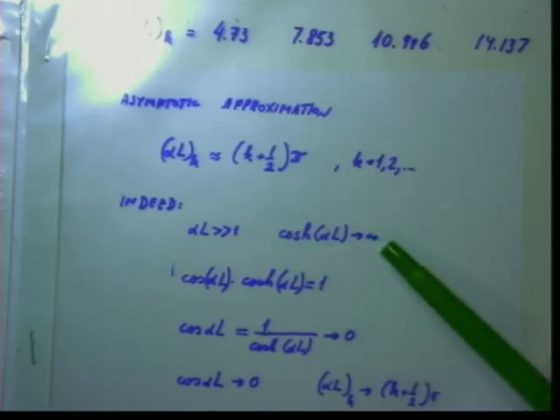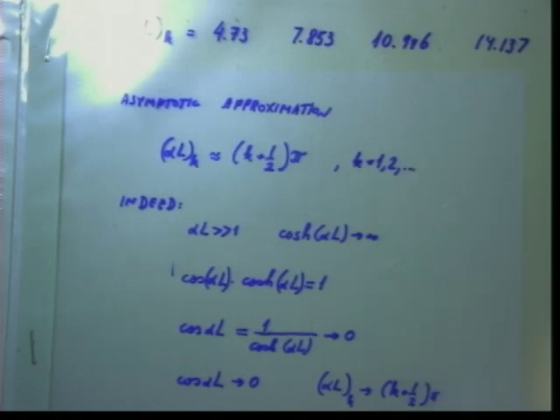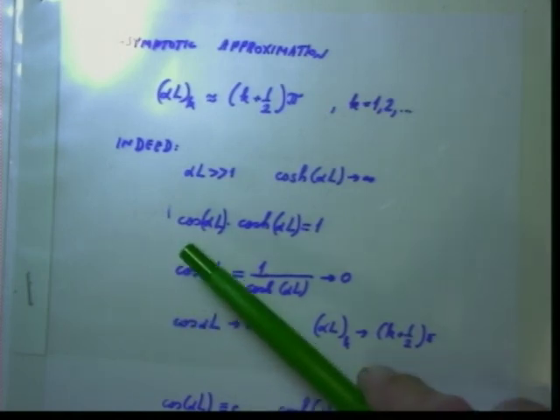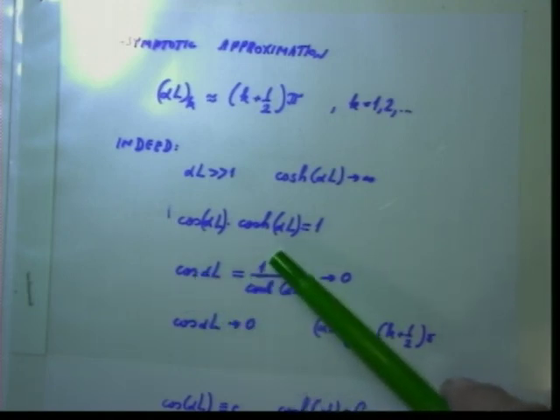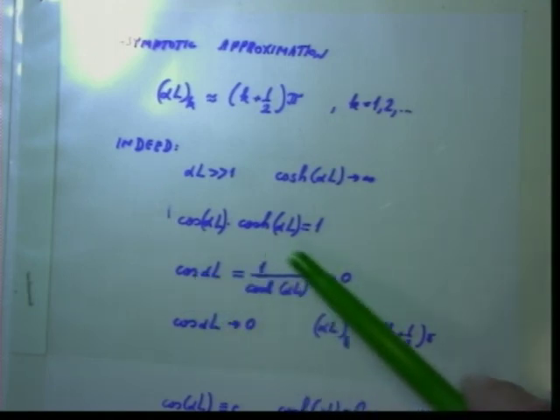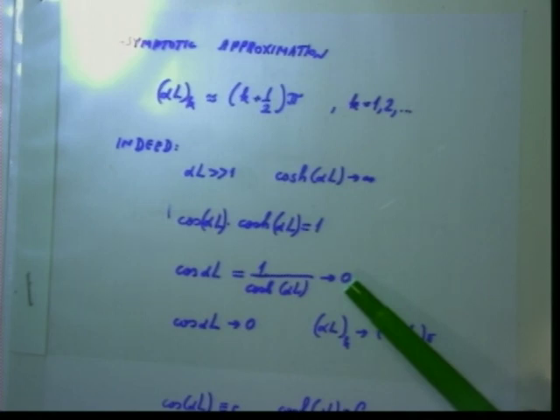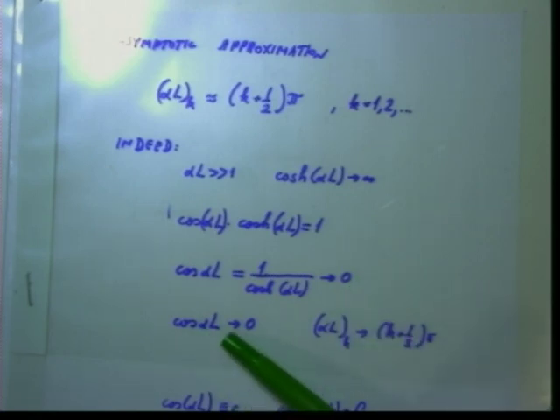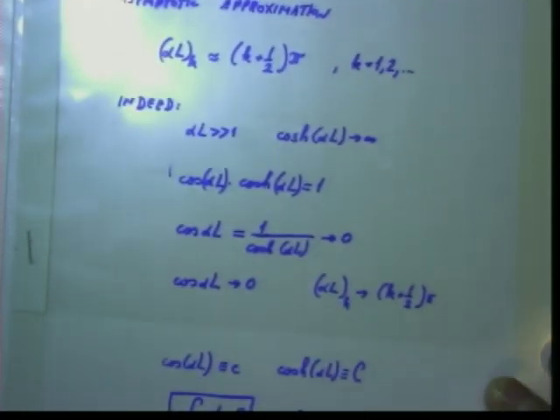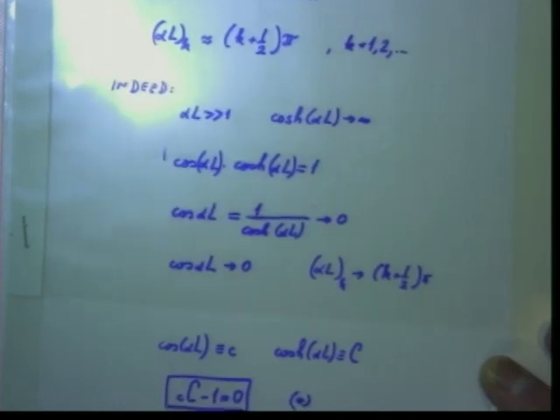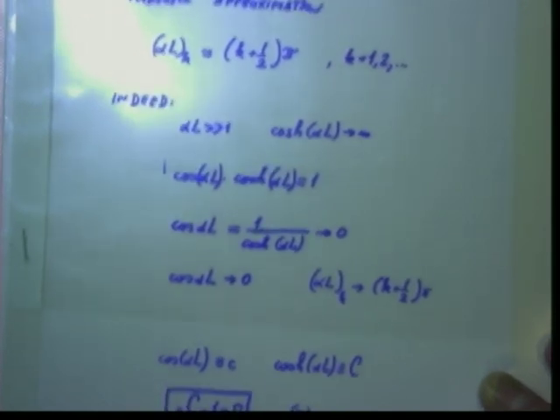Hyperbolic cosine goes to infinity, because it is e to the power alpha L, etc. So therefore, this equation, cosine alpha L times hyperbolic cosine alpha L equals 1, means cosine alpha L equals 1 over hyperbolic cosine. This right-hand side goes to 0. So cosine alpha L goes to 0. But cosine alpha L has roots k plus half pi. Okay?